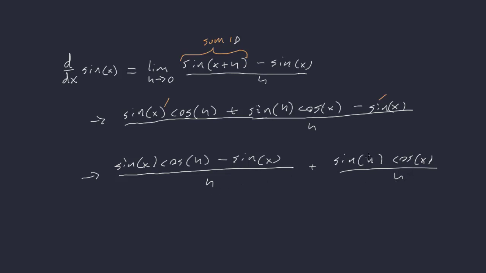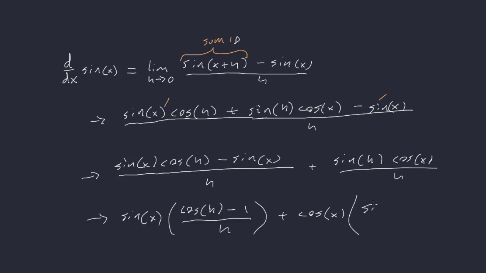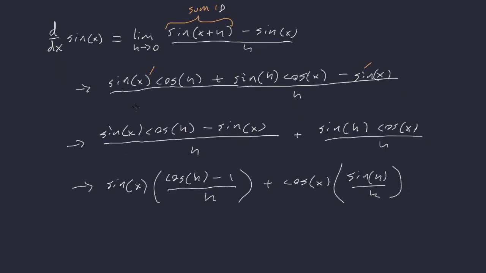And so from here, now I can factor out the sine of x, and I'll be left with cosine of h minus 1 all over h. And here I can take out the cosine x, and I'll be left with sine of h over h. And here's where we will apply the limits that we just discovered.